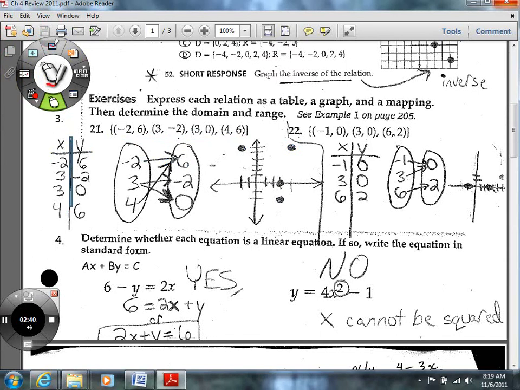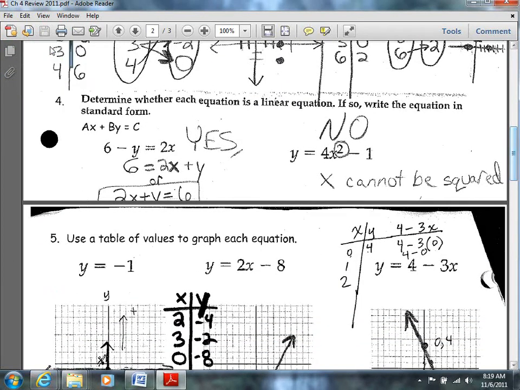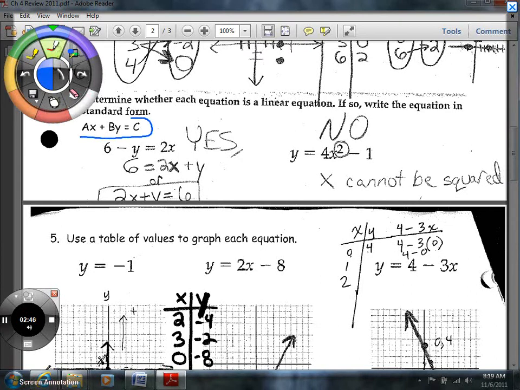The next one, I'm not too concerned about it, but you're trying to make your equation look like this, so that you have your x first, then your y, and then equal to some number. So you just have to manipulate it a little bit. Notice on this one I added the y over, and that gave me 2x plus y equals 6, with the 2x plus y on the left-hand side.